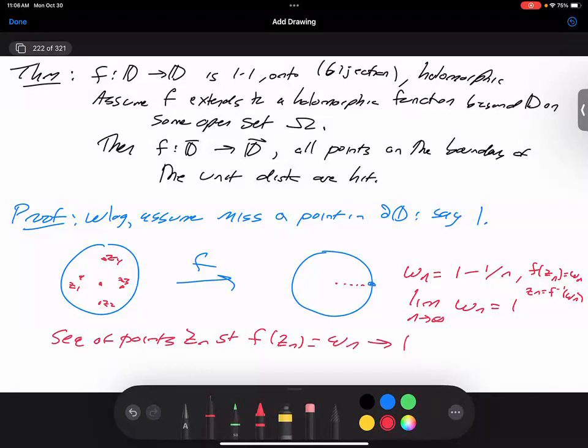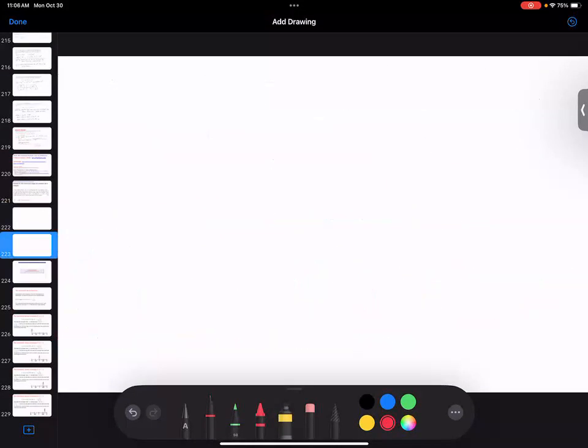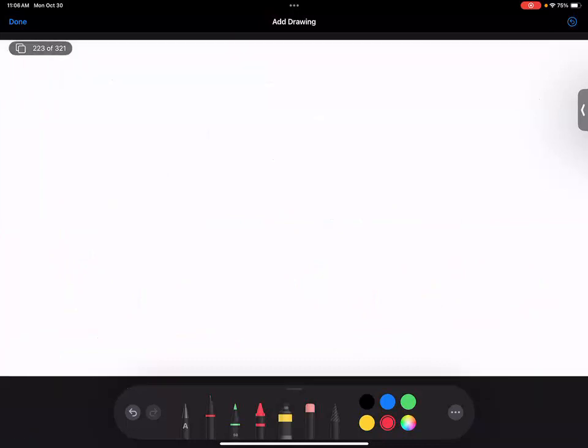What do we know about the points Zn? So we have Zn, a sequence of points with F of Zn equals Wn going to 1, and all the Zn live inside the unit disk. If I have a sequence of points, what must be true? What must any sequence of points have? A convergent subsequence.